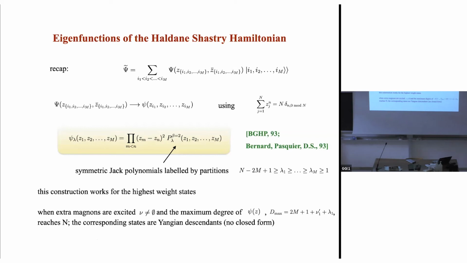Highest weight, SU2 and Yangian highest weight. There are two types of generators. So if you have these states here, and you want to lower the spin, to move inside the multiplet, you have to use B operators at arbitrary values of the rapidity. You act with any B, you'll go down in the multiplet.